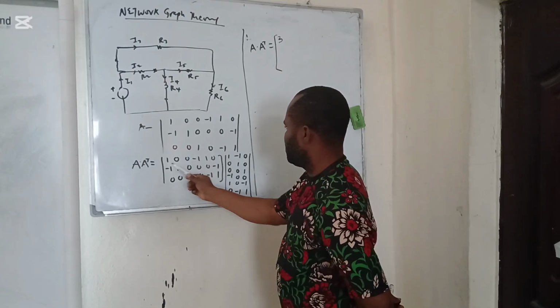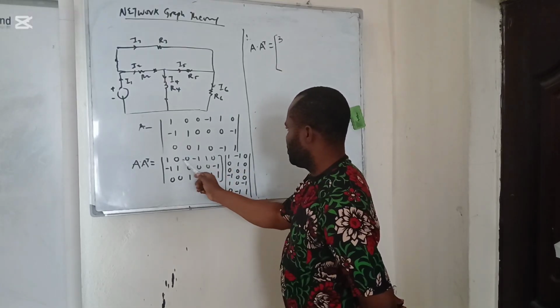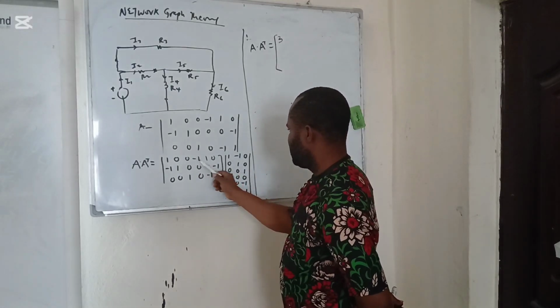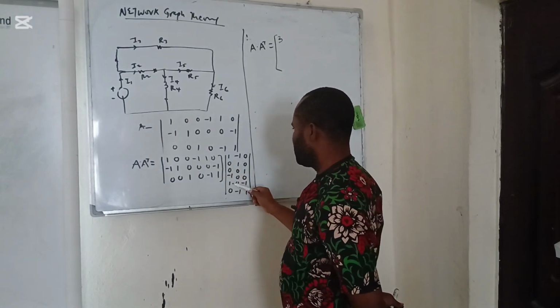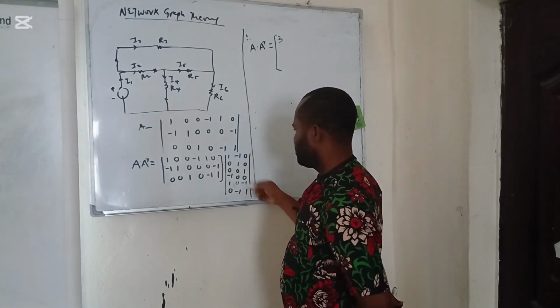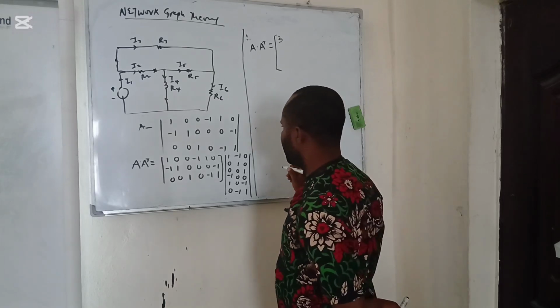So that is 1, this and this will be 0, this times this, that is 1 plus 1 is 2, we have this times this, that is 3, this is 0. We are done with that.